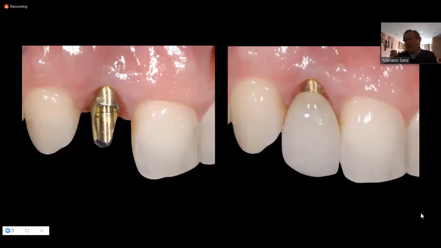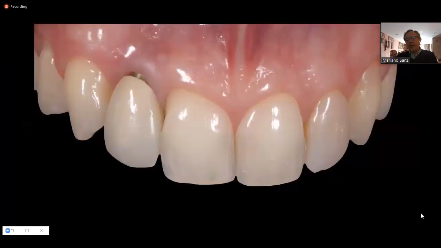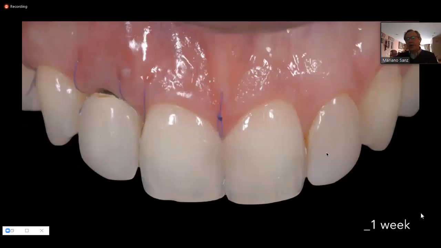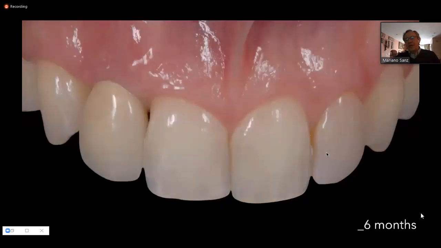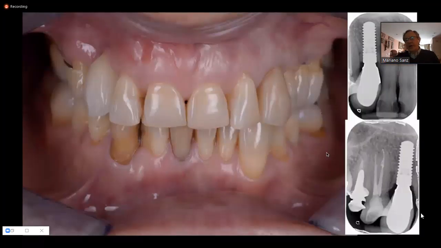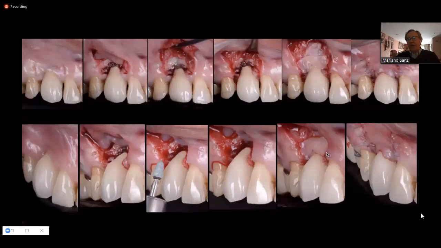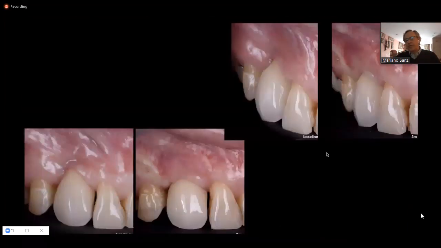And once we have about 1 month with this very under-contoured abutment, then we place our thick graft normally from the tuberosity, and we try to create a very thick peri-implant mucosa that eventually will give in and will cover the newly crowned implant. Here we can do it with coronally advanced flaps or with submucosal pouches.